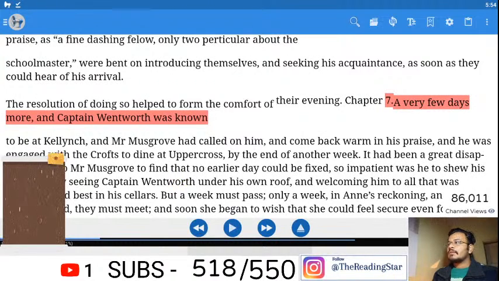Let's talk a little bit more about the book that we are currently reading. The name of this book is Persuasion, and it is written by Jane Austen. It's one of the many books that one has to read if you want to understand the kind of writing, and the kind of things, and about the society of the 19th century. The course that I have joined is also the same.